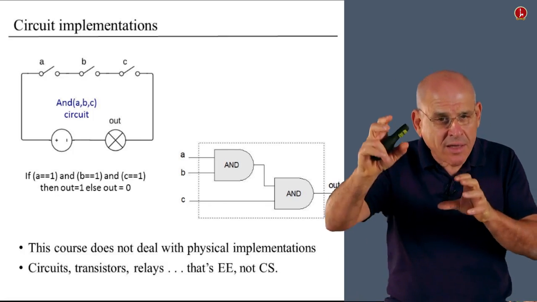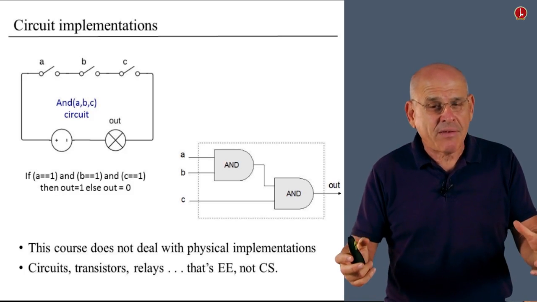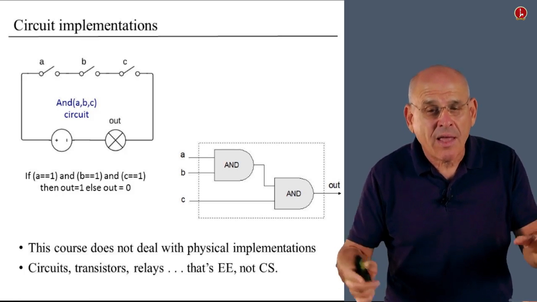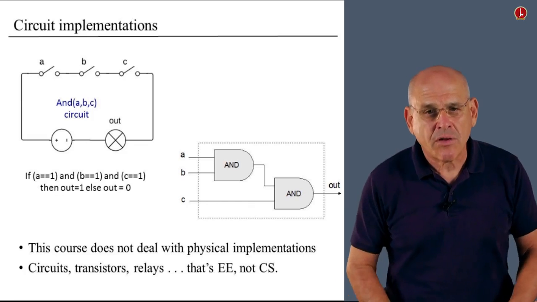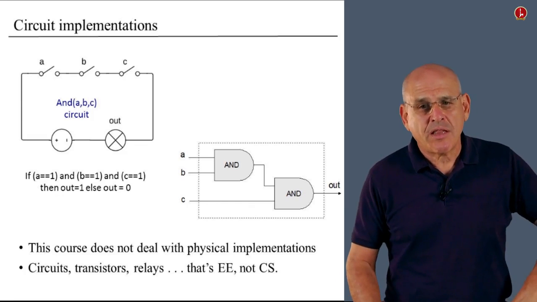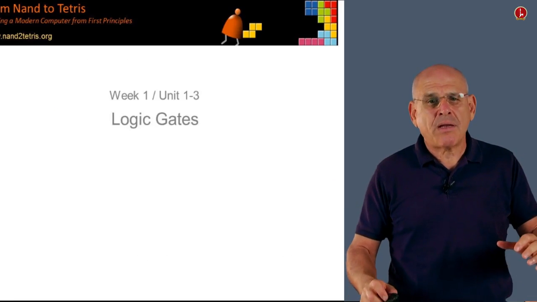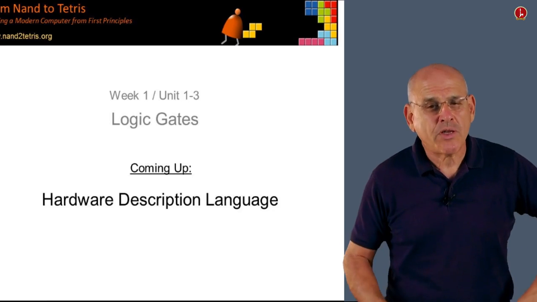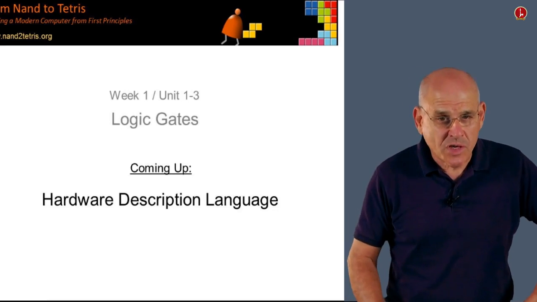We are going to take existing logic gates, beginning with Nand, and beginning with Nand only, and we're going to piece them together in some clever ways in order to generate and produce the required functionality. So this has been a unit in which we gave you a first brief introduction of logic gates.